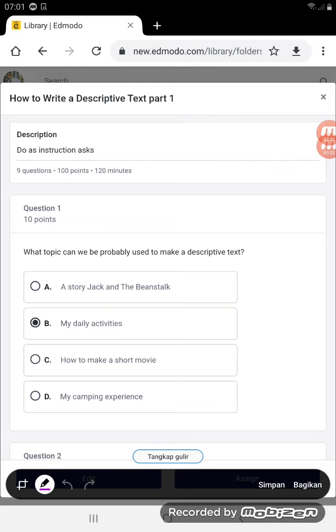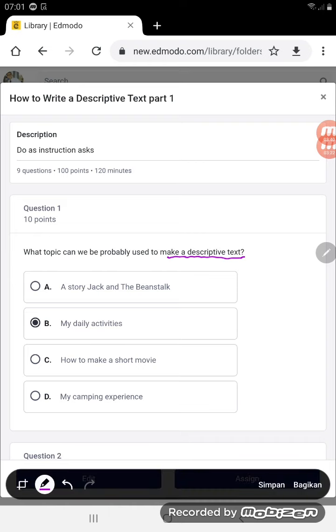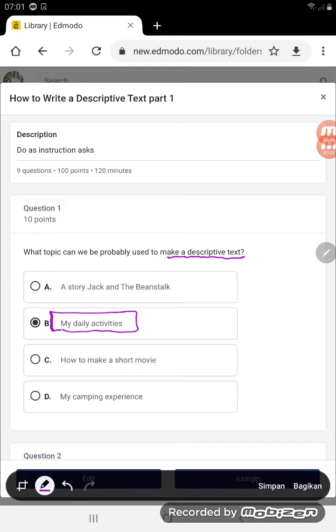What topic can we probably use to make a descriptive text? So the answer must be B, my daily activities. Why is the answer B? It means that we describe our activities every day.